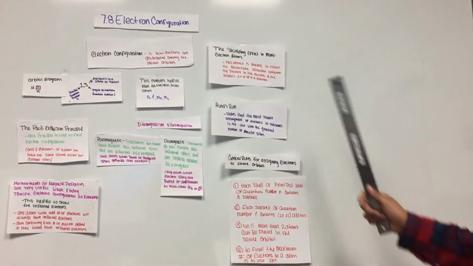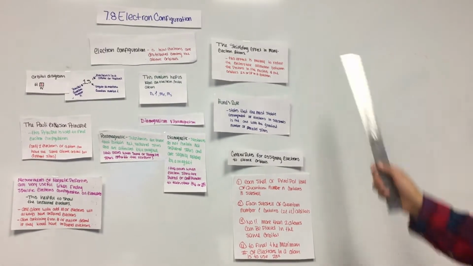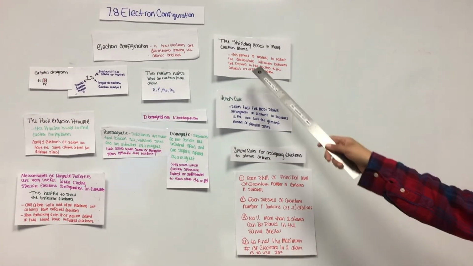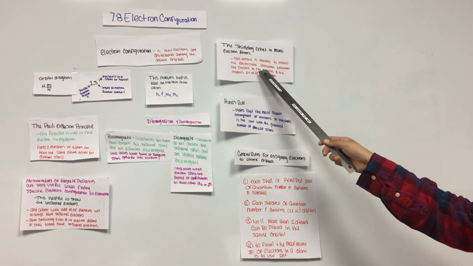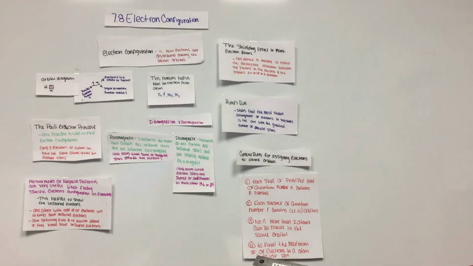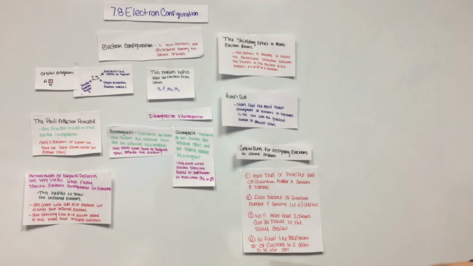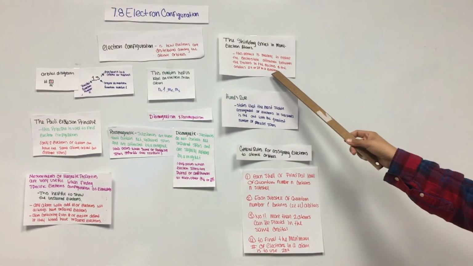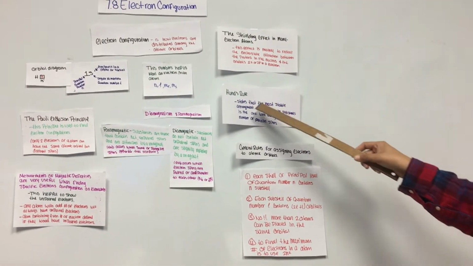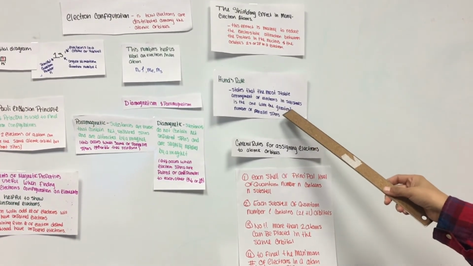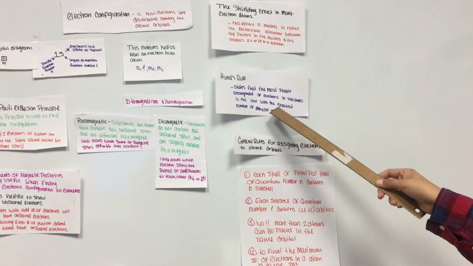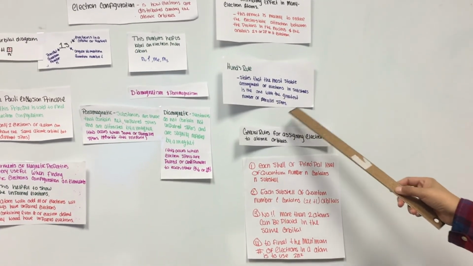We would go ahead and go on with the shielding effect in many-electron atoms. This effect is mainly to reduce the electrostatic attraction between the protons in the nucleus and the electrons in the 2s and 2p orbitals. Hund's rule states that the most stable arrangement of electrons in subshells is the one with the greatest number of parallel spins.